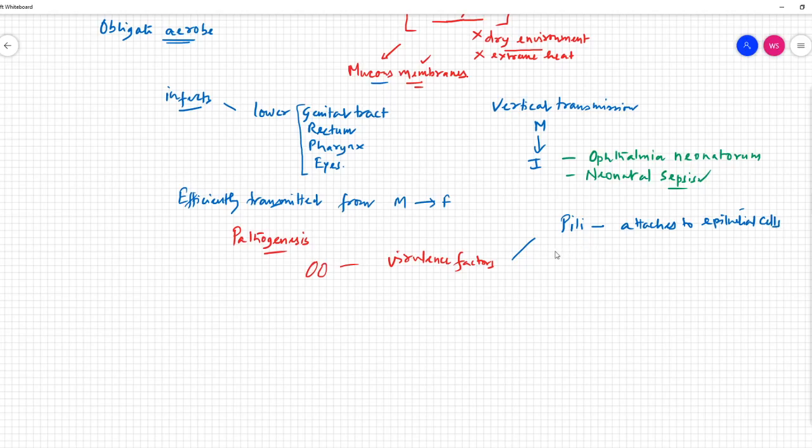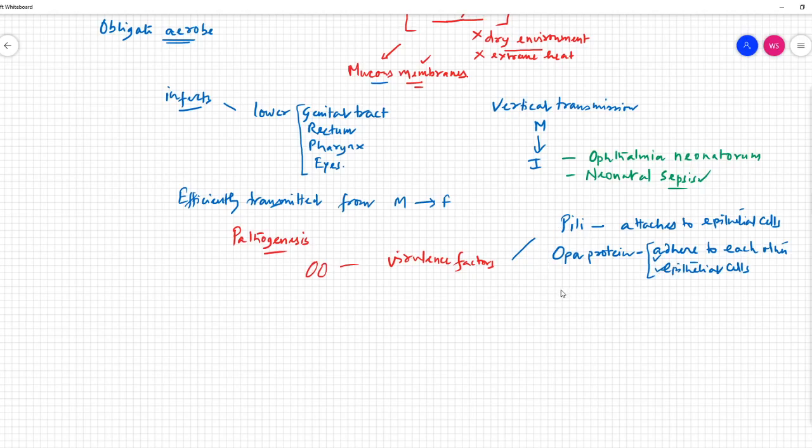The other virulence factor is something called an OPA protein. OPA protein helps it to attach to the epithelial cells as well as to itself, so it enables the organisms to adhere to each other and to epithelial cells.